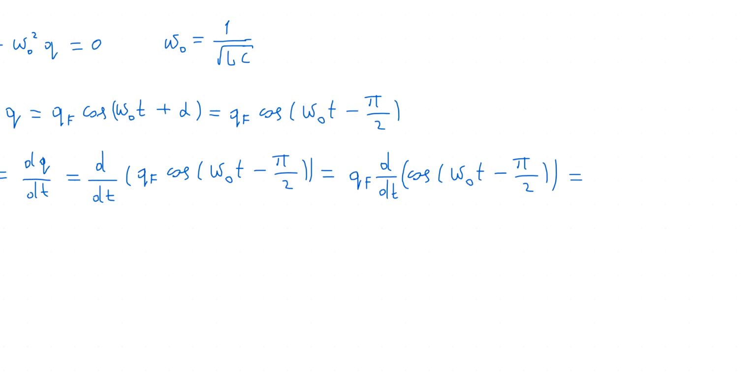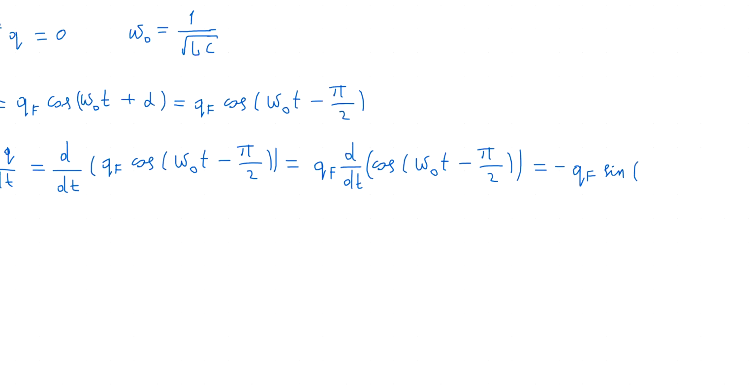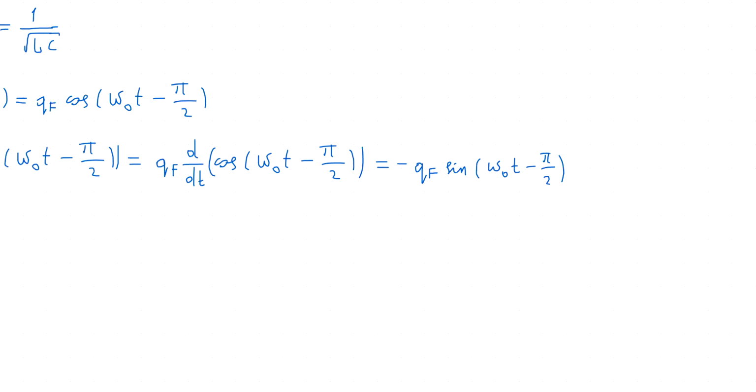It will be minus QF sine of omega 0 t minus pi divided by 2, multiplied by the derivative of this expression in brackets.